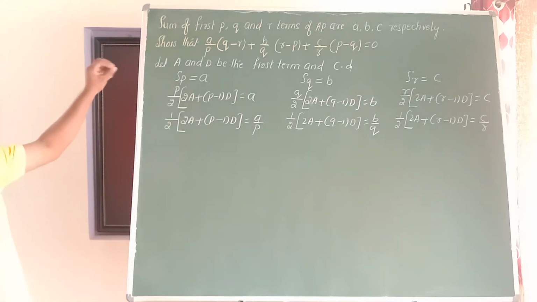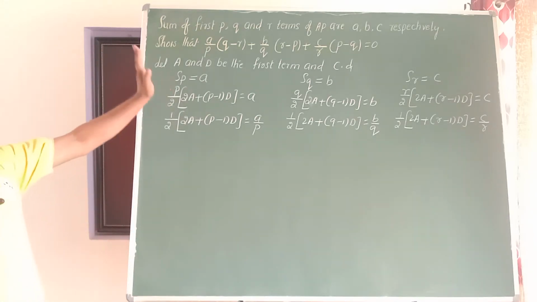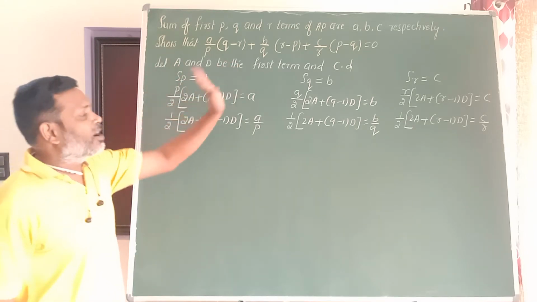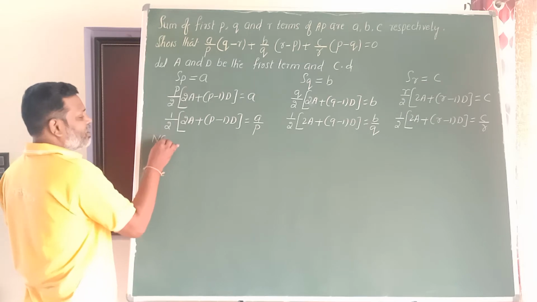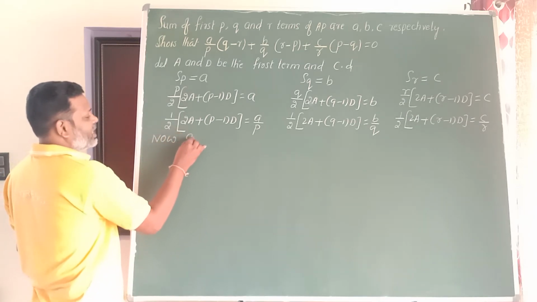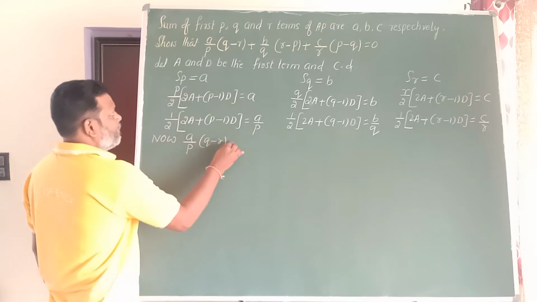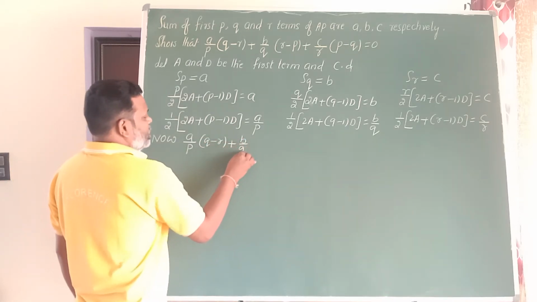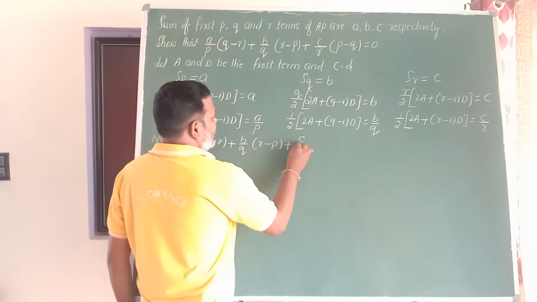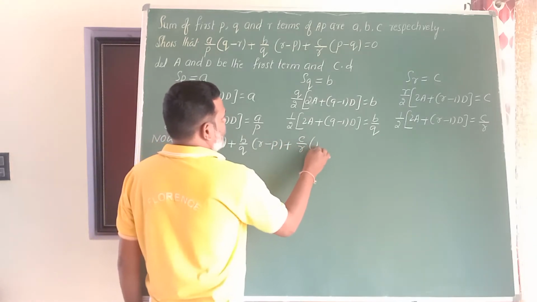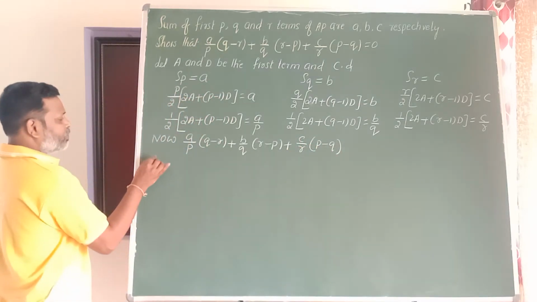Now what we have to show is that a by p into that, plus b by q into that, plus c by r into that, should be equal to 0. For that, consider the LHS part: a by p into (q minus r) plus b by q into (r minus p) plus c by r into (p minus q). This should be equal to 0. Now I am going to substitute.